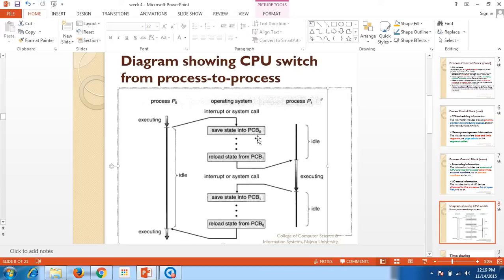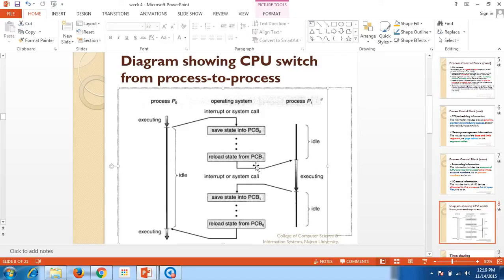So we will save the state into the process control block because later we need this state. Now this dot shows that control is with the operating system, and after some time it gives control back to process P1.